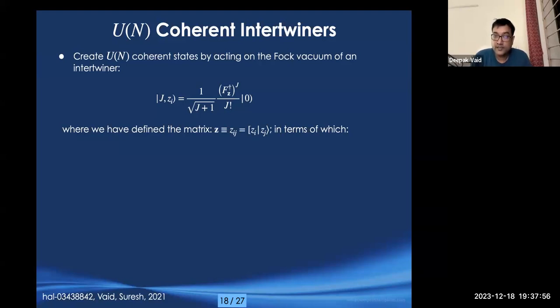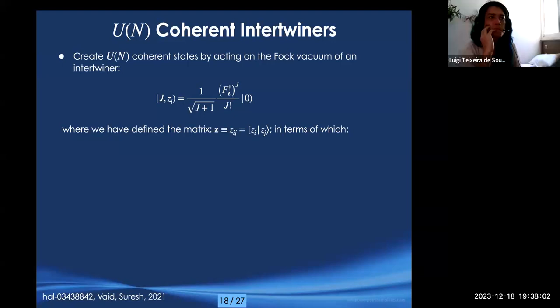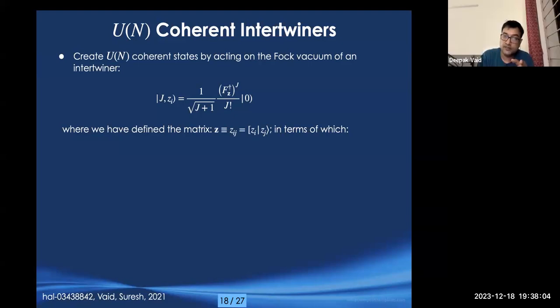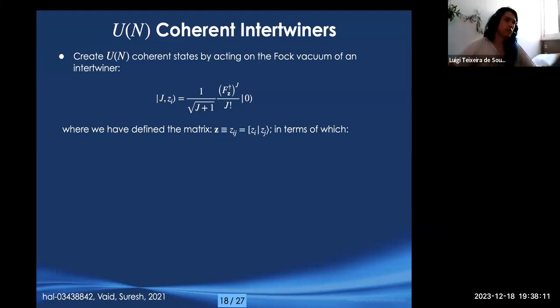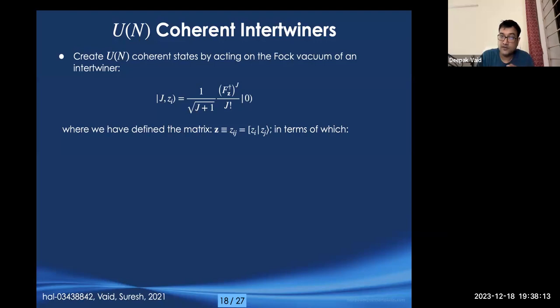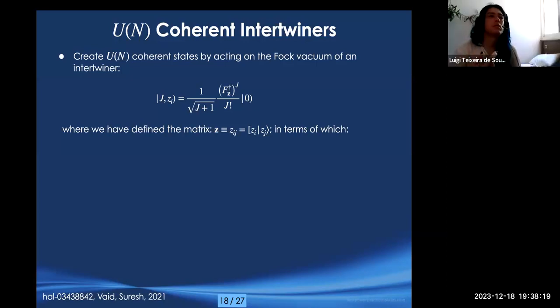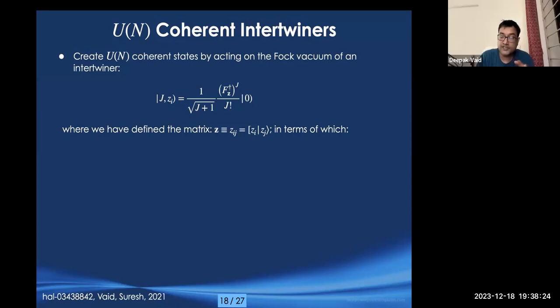So the total area remains the same, but the shape changes. And that shape is given by this configuration of Zi spinors. And if you remember, these spinors correspond to a point on the Grassmannian. So these coherent states inherit that Grassmannian geometry.